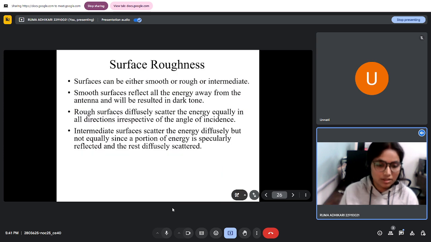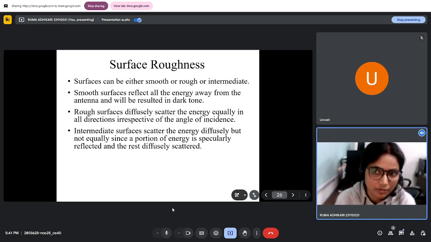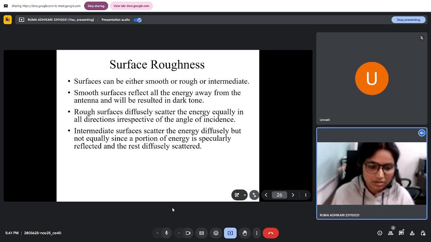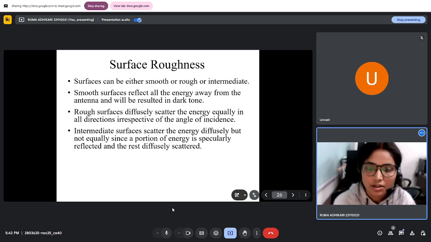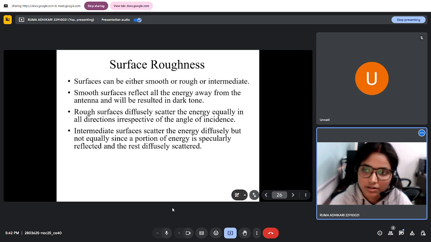Now comes another terrain property, that is surface roughness. We have seen the material property, the dielectric constant, its electrical property, and another is the shape or size property, called surface roughness. Surfaces can be smooth, rough or intermediate.